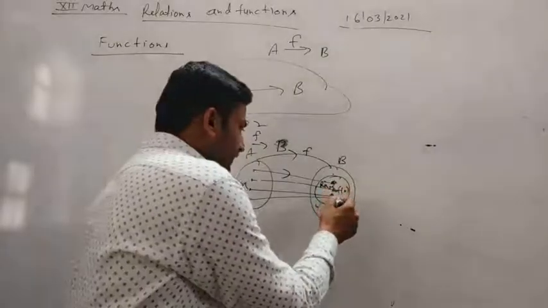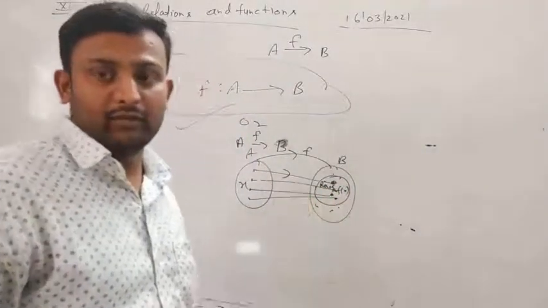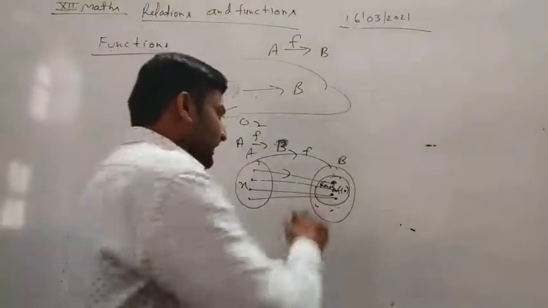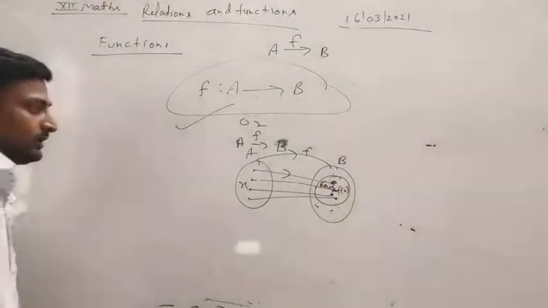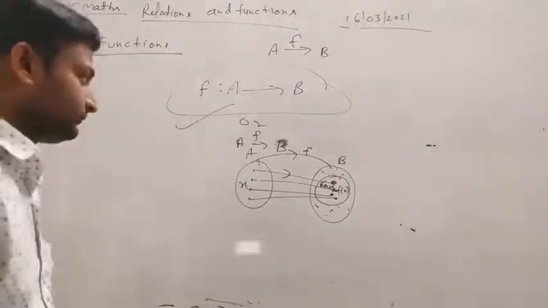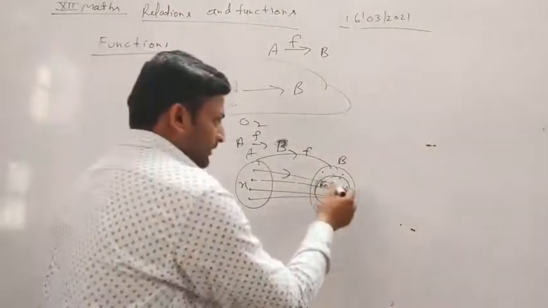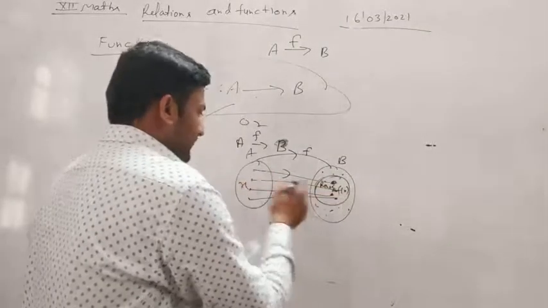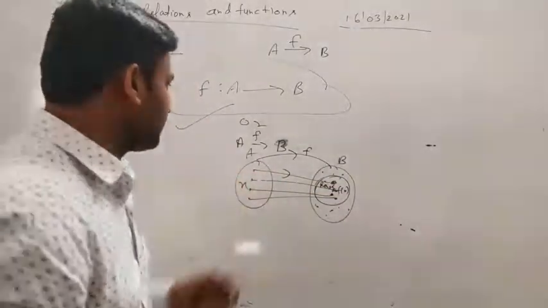These are called the range, or f-images. The elements of A are called pre-images. So this is our function.